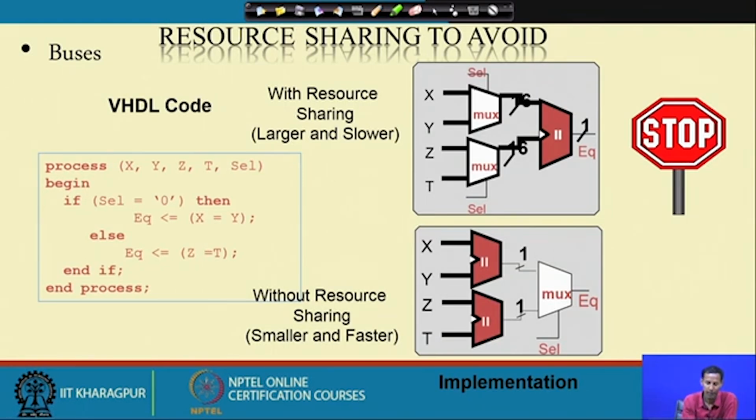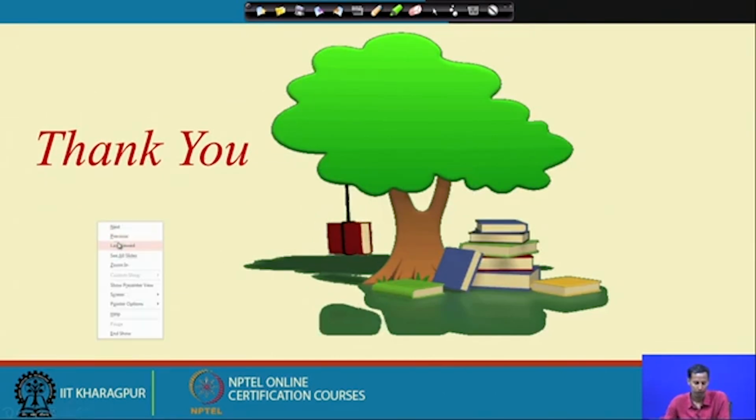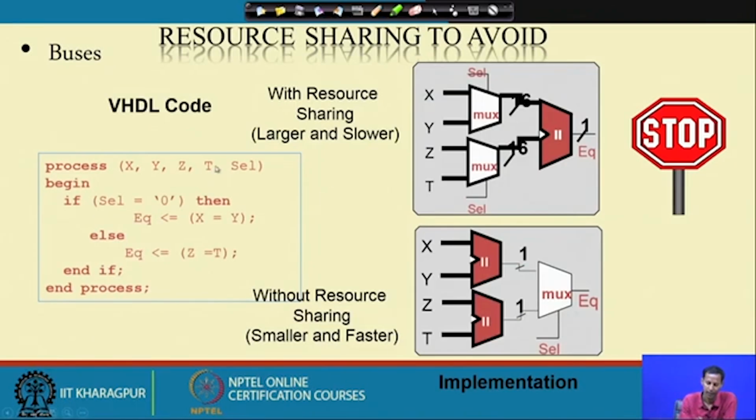Here you see x, y, z, and this is the select input. In the previous case it was multiplication, here we have to check the equality. So, equality says that if x equals y, then the output goes to 1, otherwise it will check whether z equals t, and those values will go to the output.